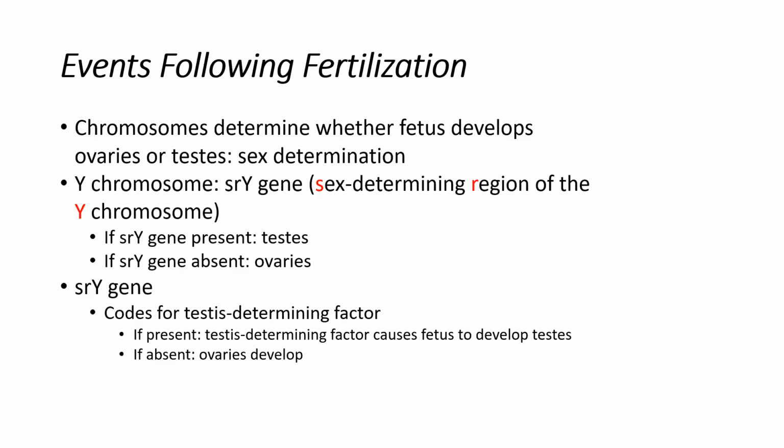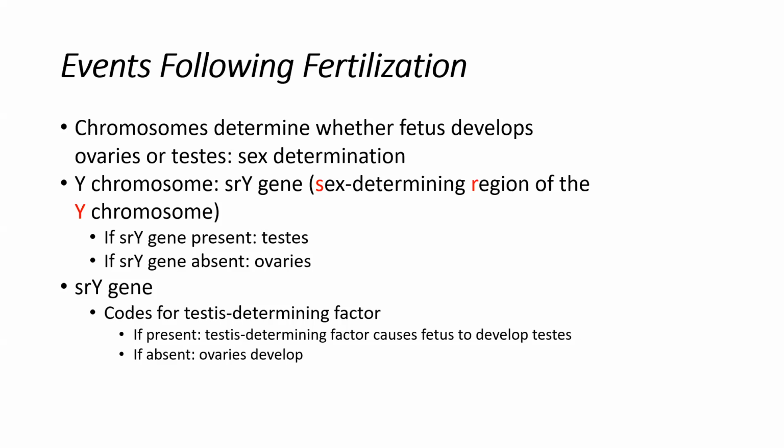So if the gene is present, meaning that if there is a Y chromosome and we have those SRY genes, then they're going to send signals to the cells of this developing fetus, or embryo at this point, to produce testes. Whereas if the SRY is not present, the kind of default option is that ovaries are going to be produced, ovaries are going to persist.